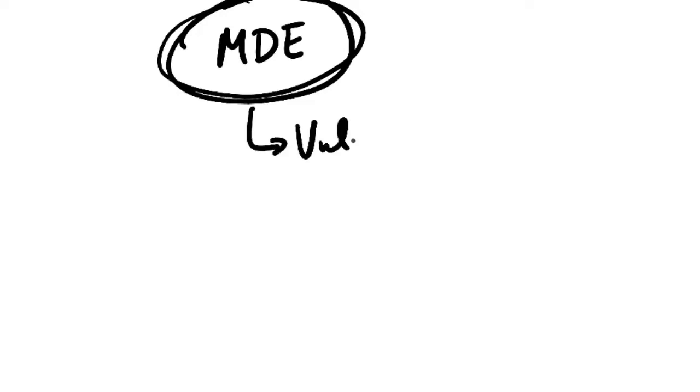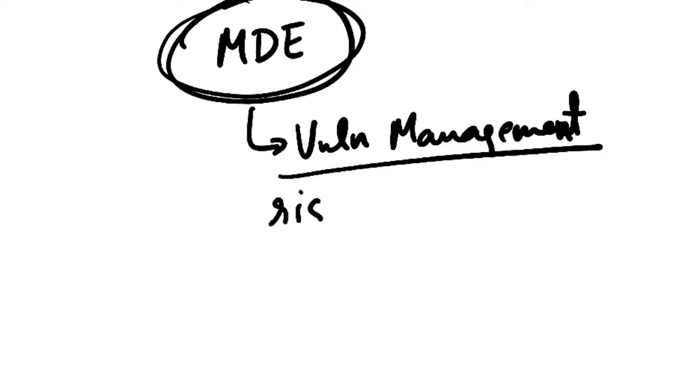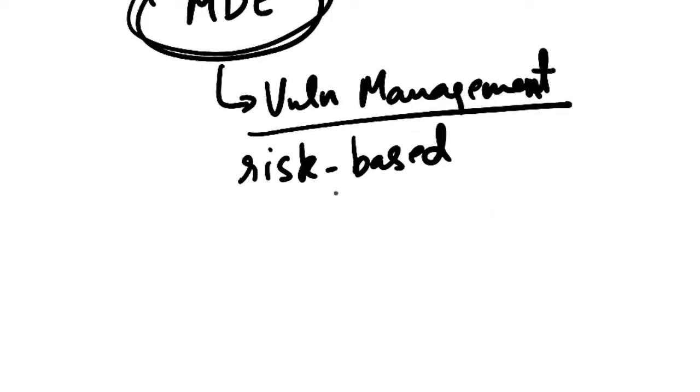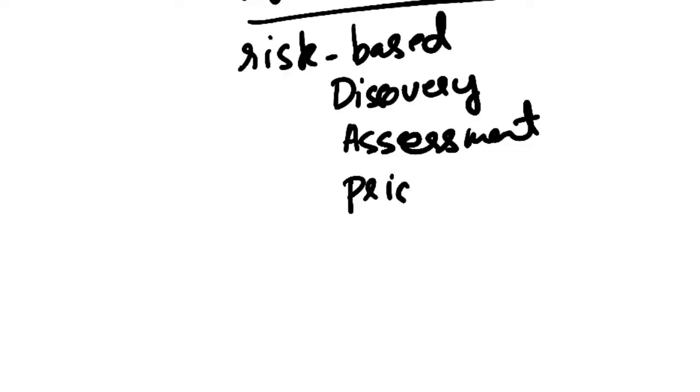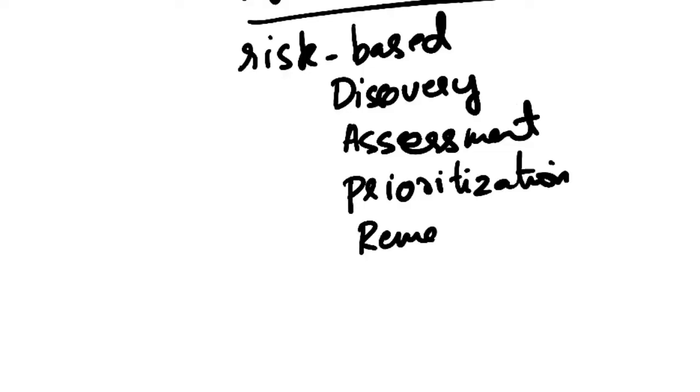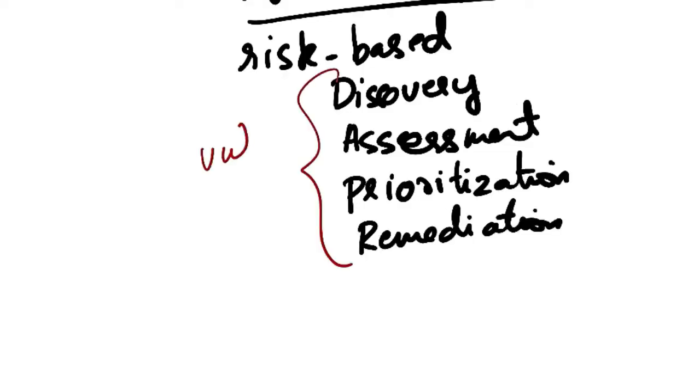Now let's look at MDE core capabilities. First one is vulnerability management. Like I mentioned before, this is included in the P2 plan. MDE provides a risk-based vulnerability management. This helps you in discovery, assessment, prioritization, and remediation of endpoint vulnerabilities and misconfigurations.